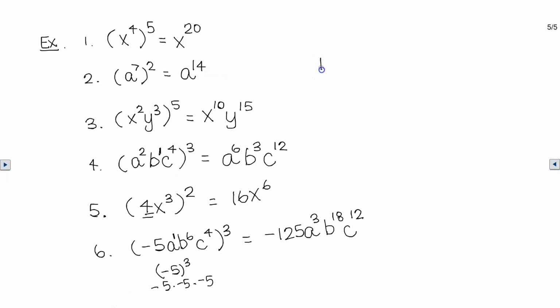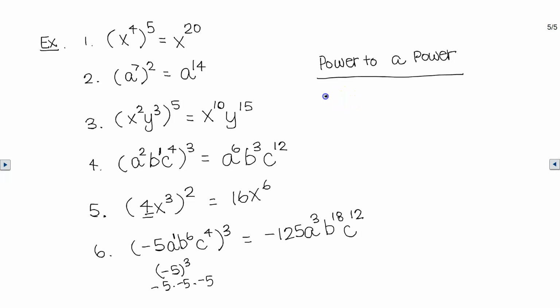So in power to a power, and remember that means the problem's going to look exactly like it sounds like. You're going to have a power inside parentheses being raised to another power on the outside.